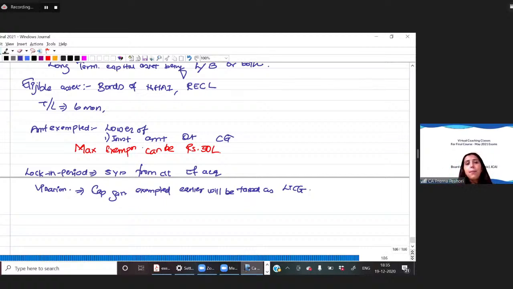In our example, building was a long-term capital asset, right? Therefore, we can claim 54EC on sale of depreciable building. Is it clear? Clear?